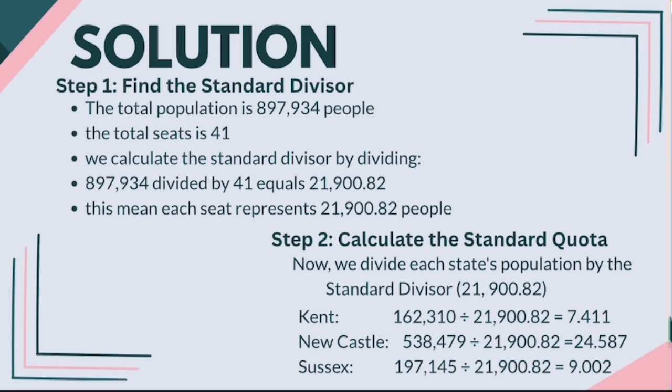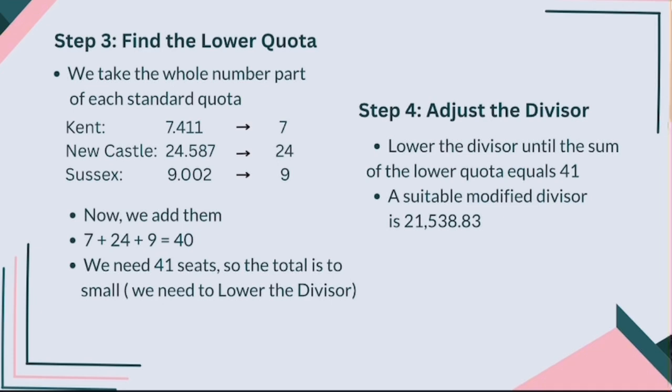Newcastle is 538,479 divided by 21,900.82 equals 24.587. Sussex is 197,145 divided by 21,900.82 equals 9.002.